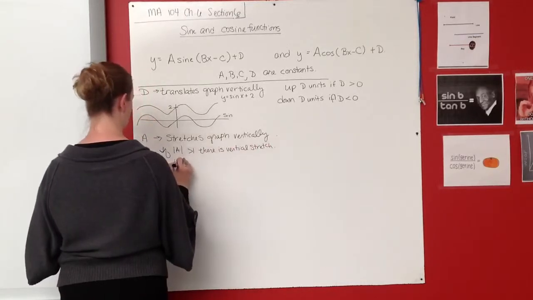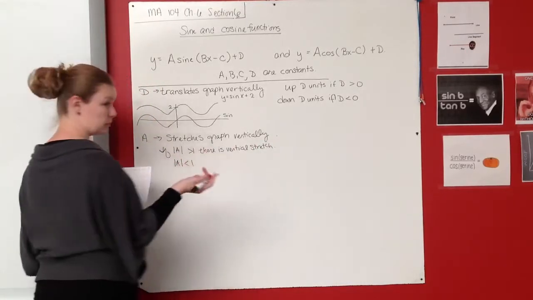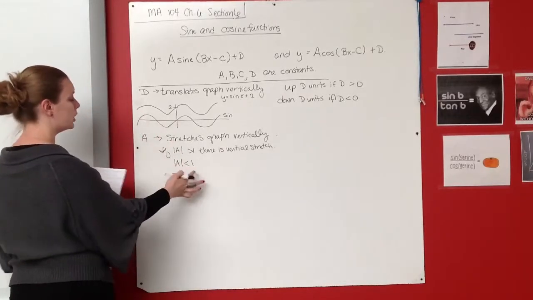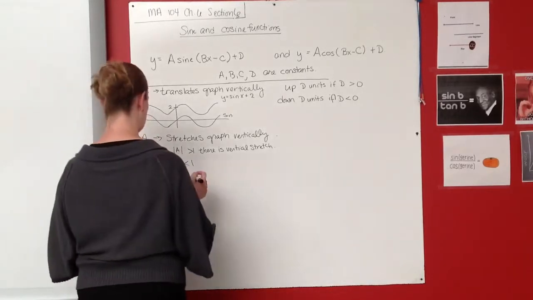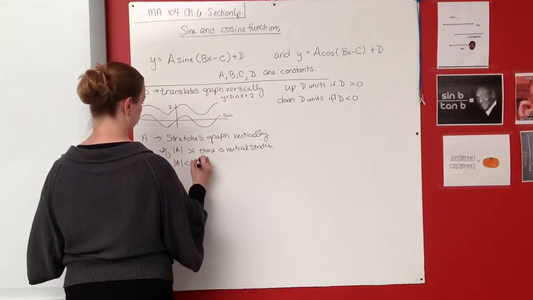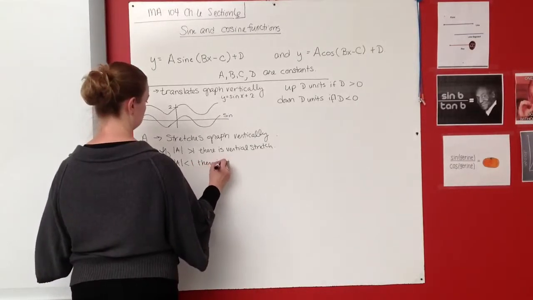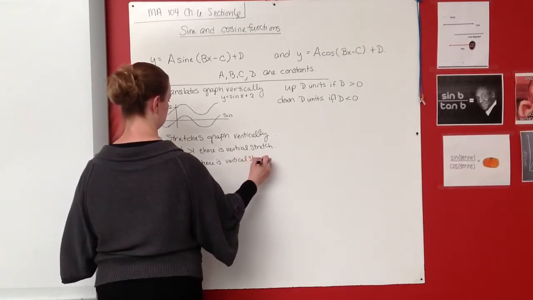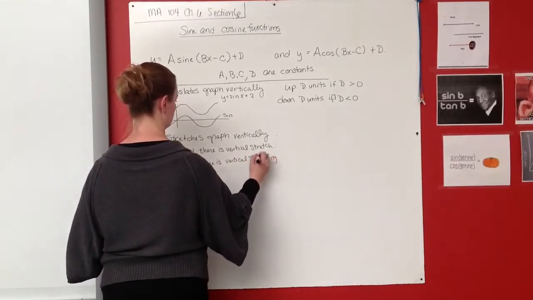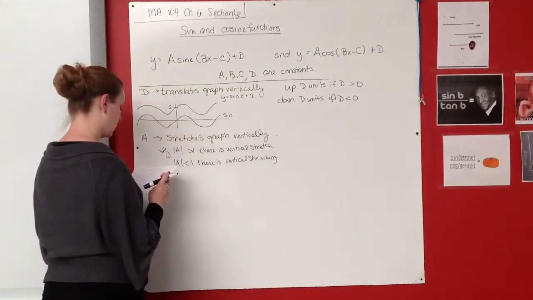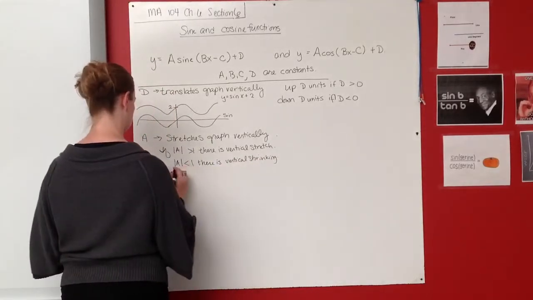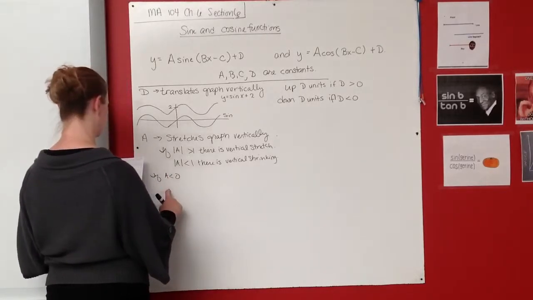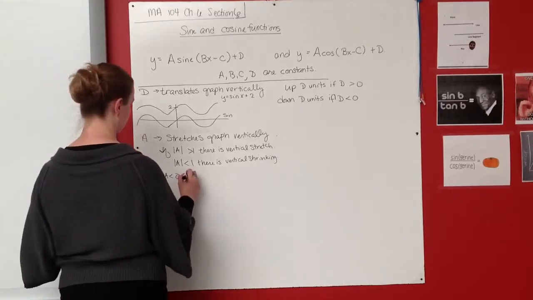If the absolute value of a is less than 1, like a decimal, because don't forget absolute value is always positive, so you're probably thinking how can it be less than 1? It could be a decimal. If the absolute value is less than 1, there's a vertical shrinking. And if a is less than 0, not the absolute value, but a itself, the graph is also reflected across the x-axis.